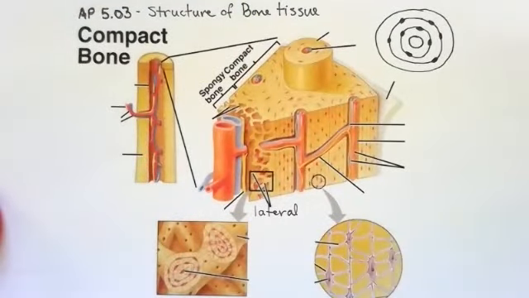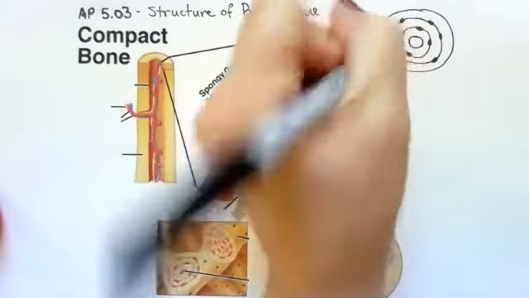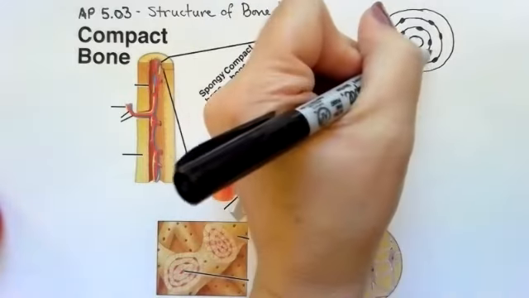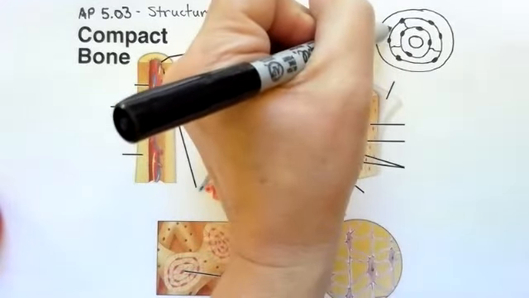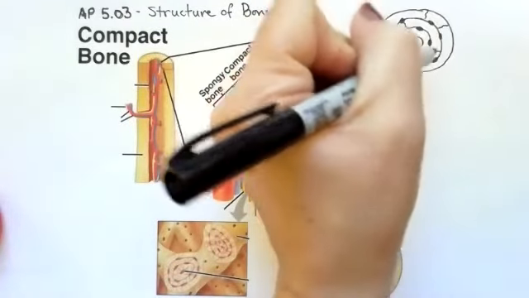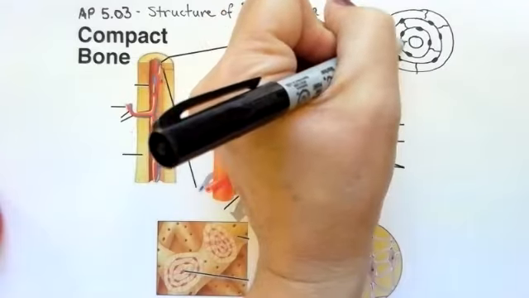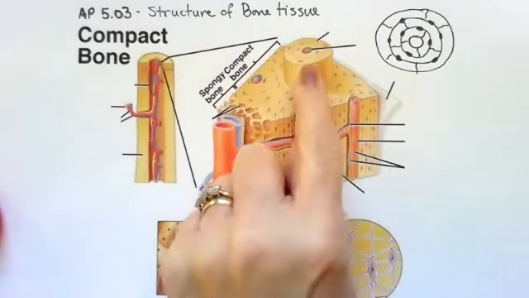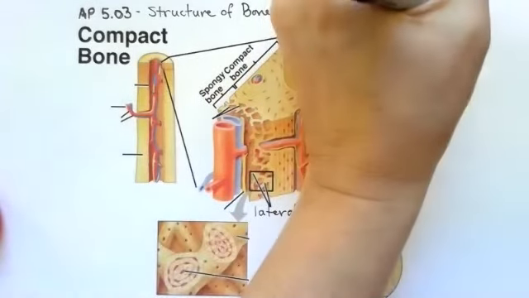Sorry, I didn't pull my hand away there very quickly. And in between then we've got little... okay. So that is basically taking this, but we have a superior view.